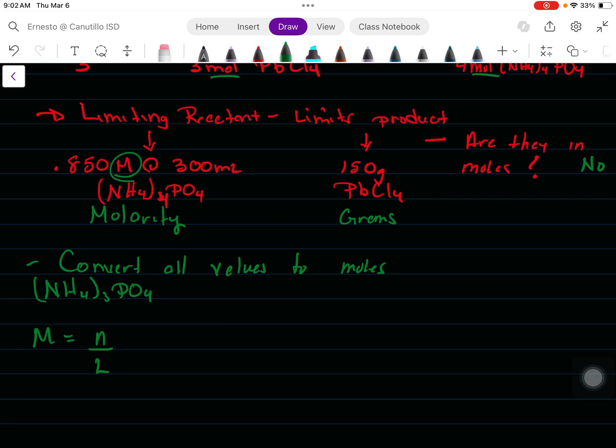Remember that this is your volume, this represents the moles, and this represents the molarity, or the concentration. Because I have two of these values, what do I have? Molarity at this point is 0.850 molar. Moles, we don't know. That's what we're looking for. And the volume here is 0.300 liters.